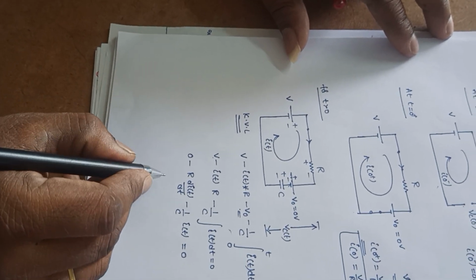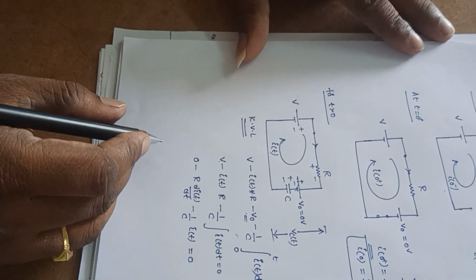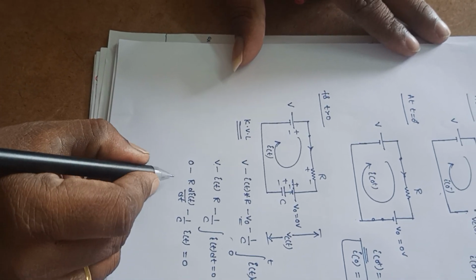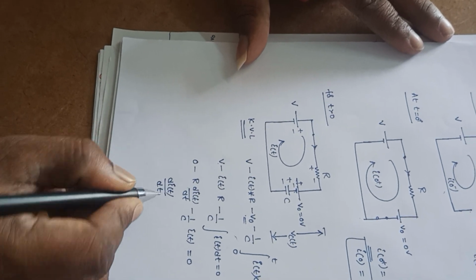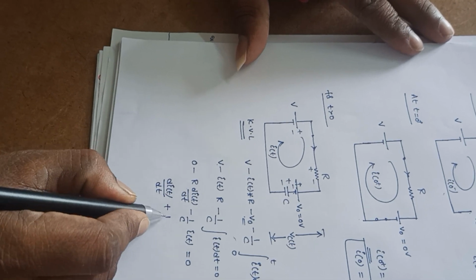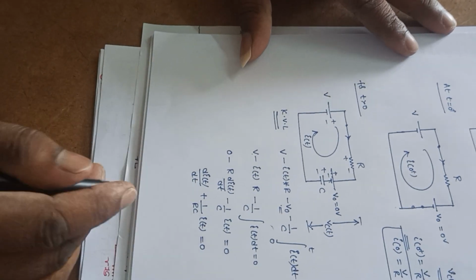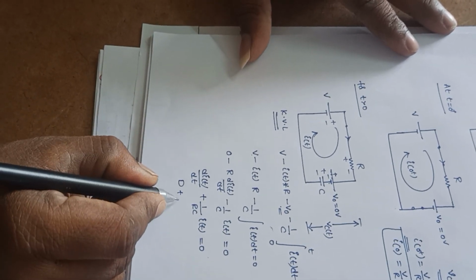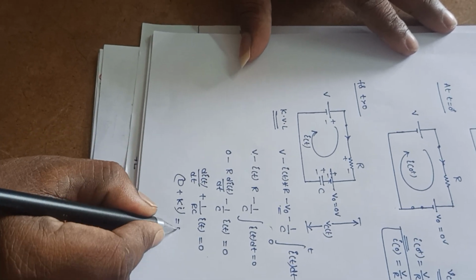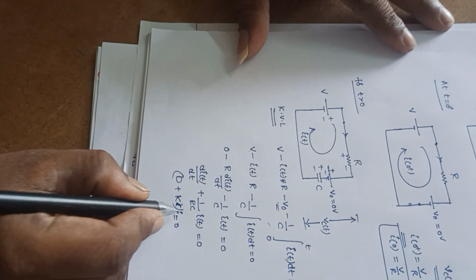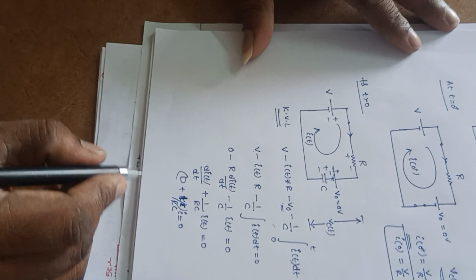If I rewrite this equation, it is di of t by dt. If I take minus R as a common, it is plus 1 by RC into I of t, that is equal to 0. Now it is like D plus some k into I is equal to 0, here D plus 1 by RC into I is equal to 0.